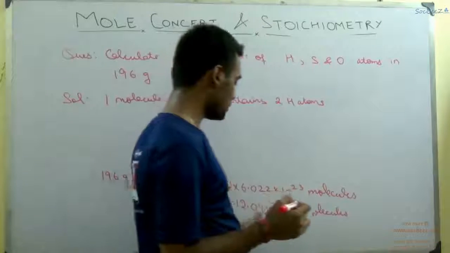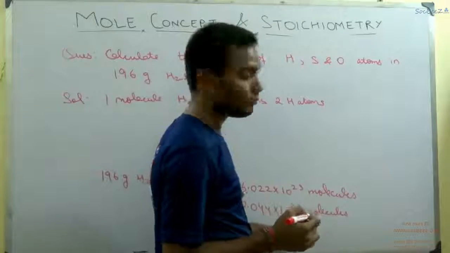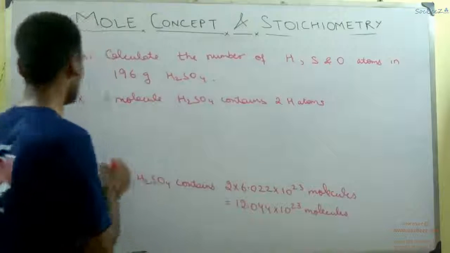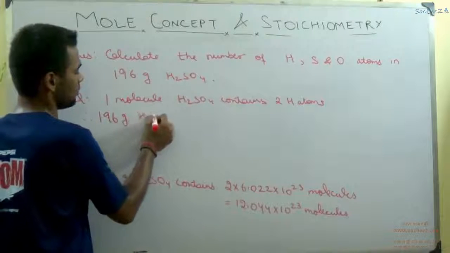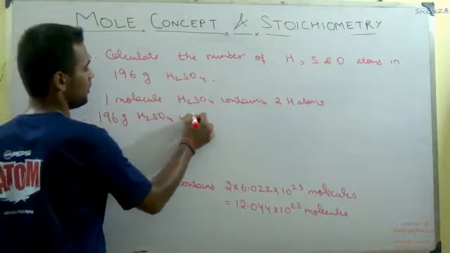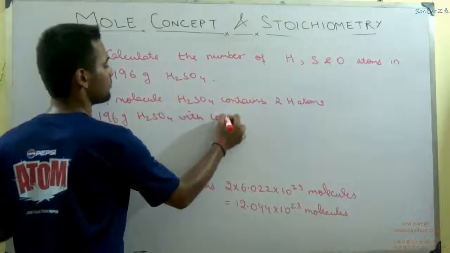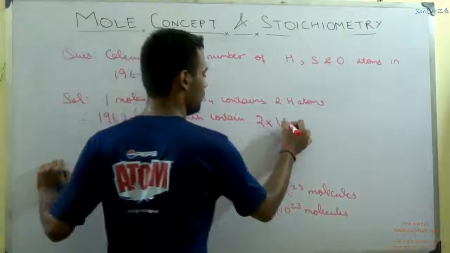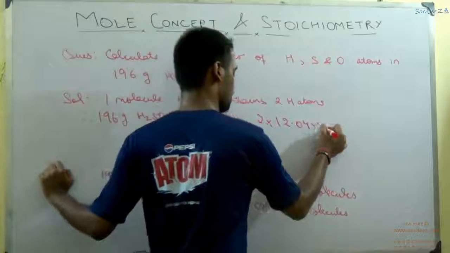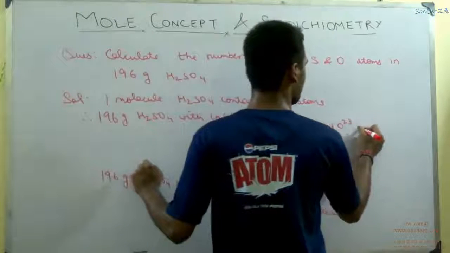Therefore, 12.044 into 10 raised to the power 23 molecules will contain, therefore 196 gram H2SO4 will contain 2 into 12.044 into 10 raised to the power 23 H atoms.